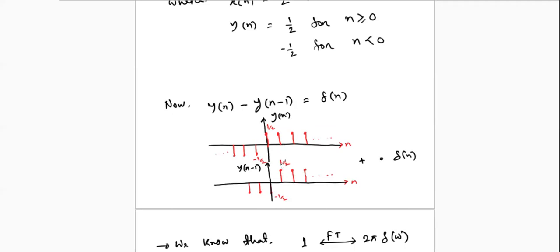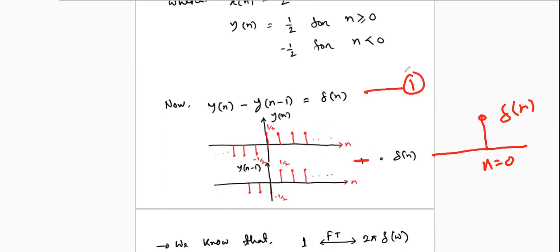Now if you subtract yn minus 1 from yn, each and every part will cancel each other. Only at the 0th location, half minus minus half adds up to give 1. And eventually it looks like a delta function at n equal to 0. That is nothing but a delta function. So we have proven this equation: yn minus yn minus 1 is a delta function.